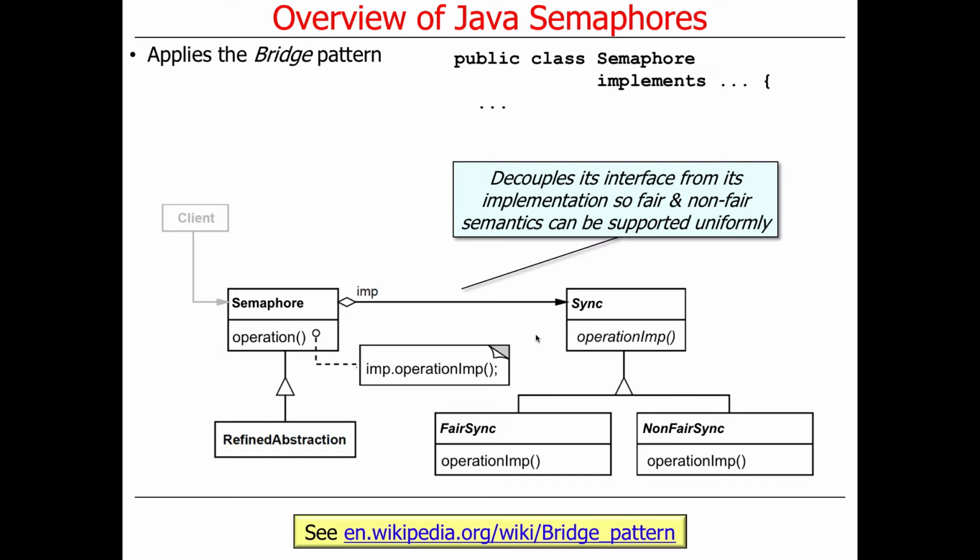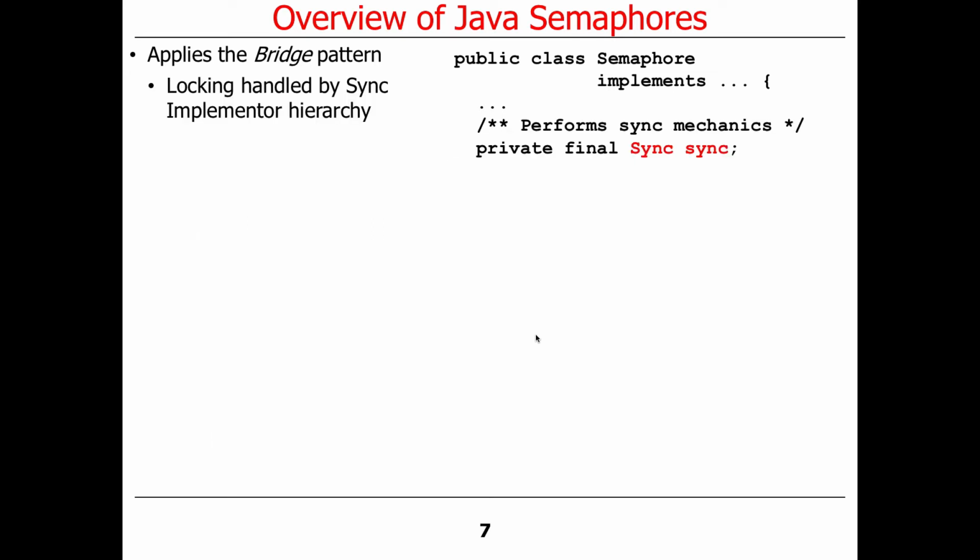I'll explain that in a second. Every operation in the semaphore interface basically forwards to the appropriate implementation, either fair or non-fair. And it's the job of the constructor of the semaphore to make the right implementation. So it's just the classic bridge pattern.